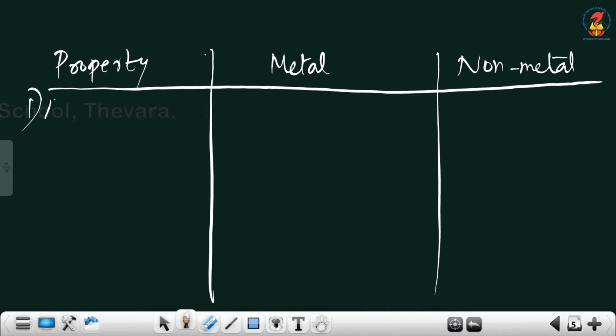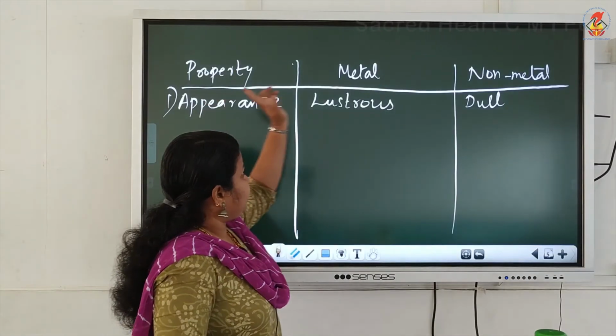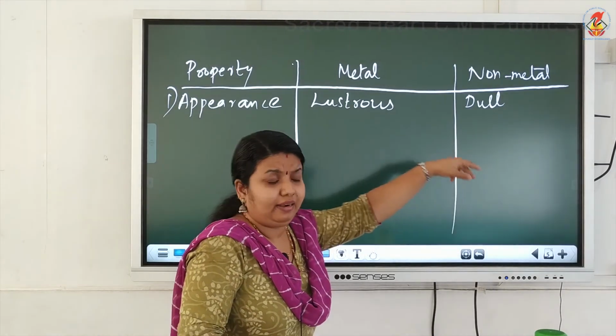First property, appearance. What can we write under the table? Metals are lustrous in appearance, non-metals are dull. You need not write the exceptions in this table, just the general properties we compare. So, appearance, metals are lustrous, non-metals are dull.